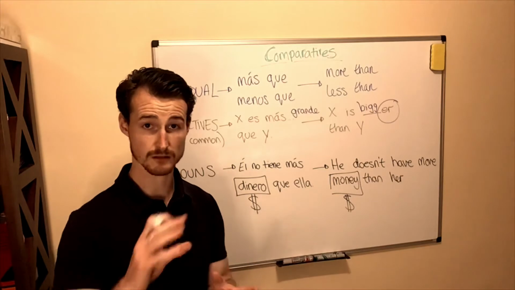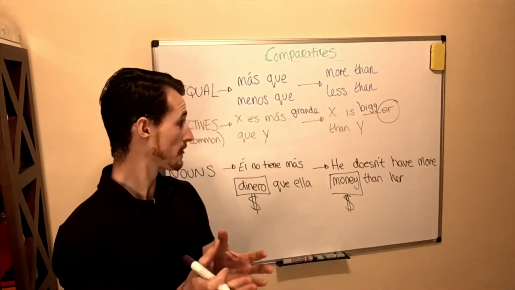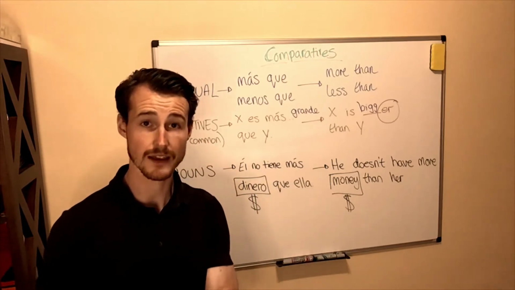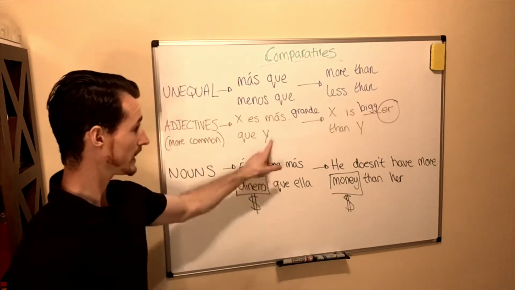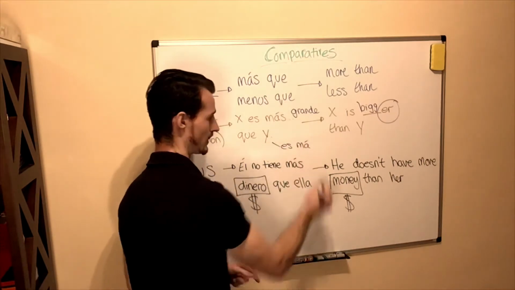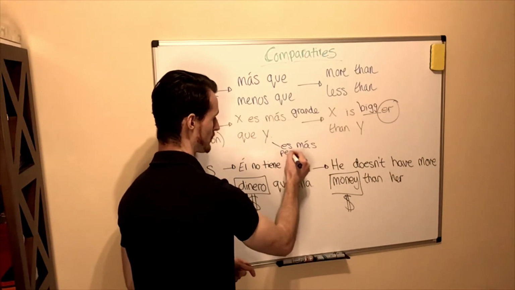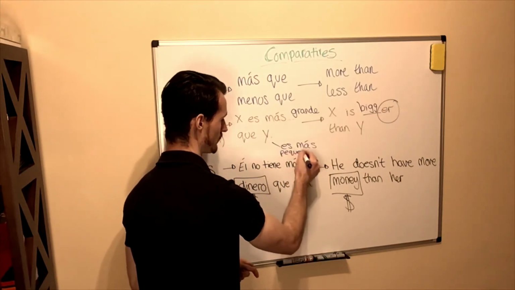If we wanted to reverse the sentence around, we would say Y is smaller than X. Y es más, don't forget the accent mark, más pequeño.